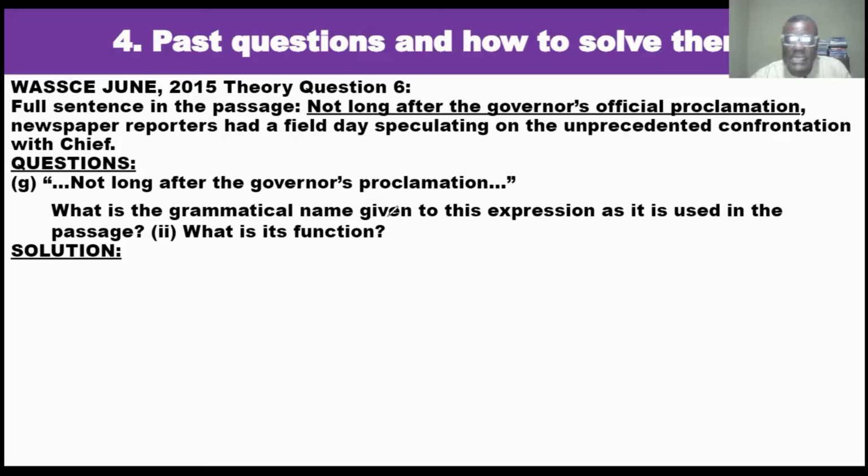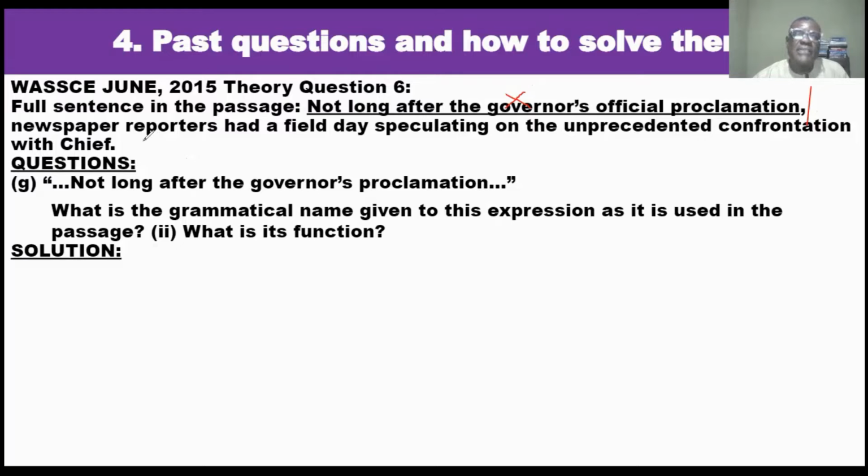Now, as I was saying, we use the border principle. Not long after the governor's official proclamation, then we put a line here. This is the border. And then we, first of all, eliminate this underlined expression.